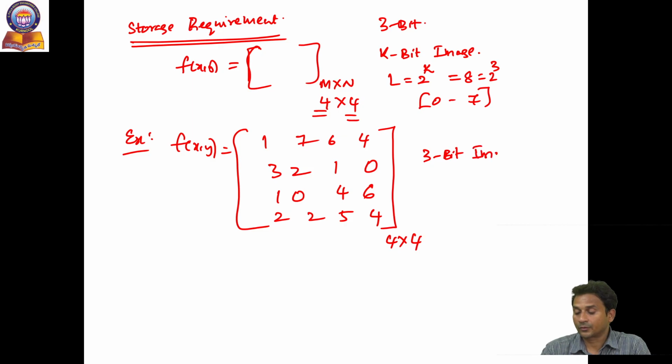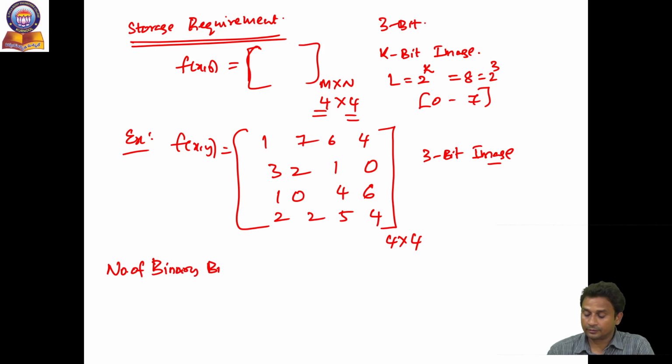If you want to store this image in the computer, how many binary bits are required? We need to store all 16 pixels, so 4 into 4, and in order to represent each pixel, we need 3 bits.